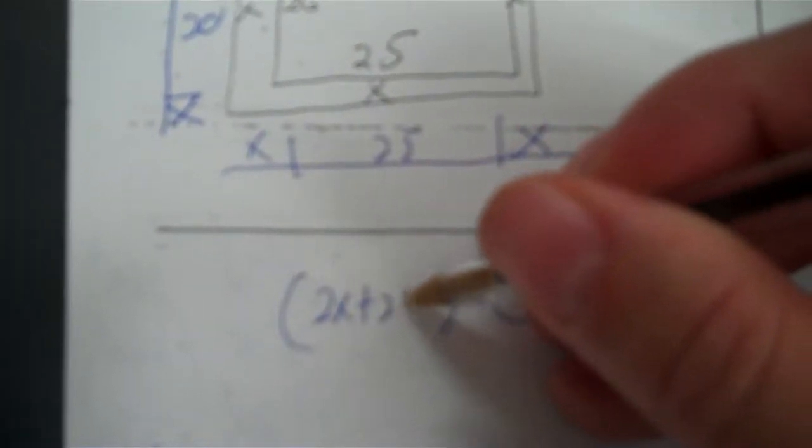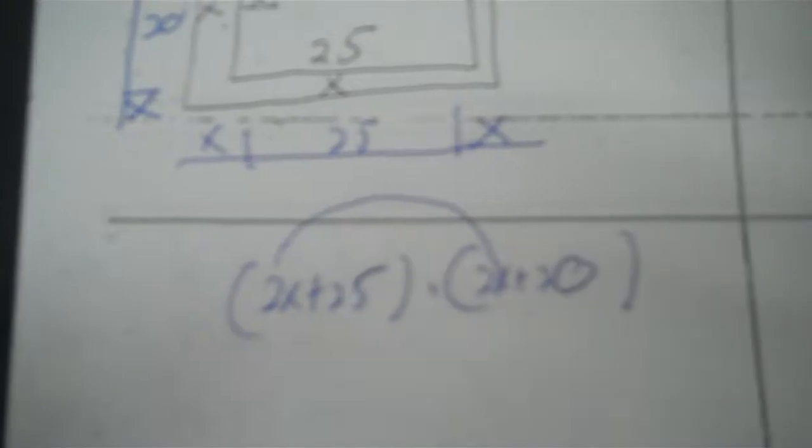Okay, so I got my length times the width. So it's going to be 2x plus 25, and then 2x plus 20. Okay, so I take 2x times 2x and 2x times 20.